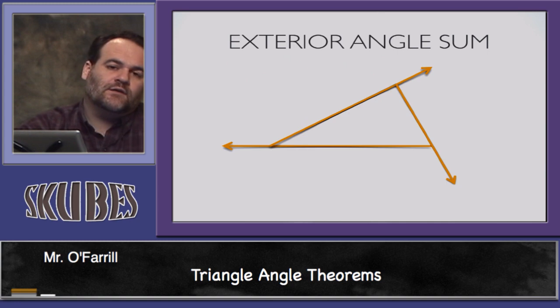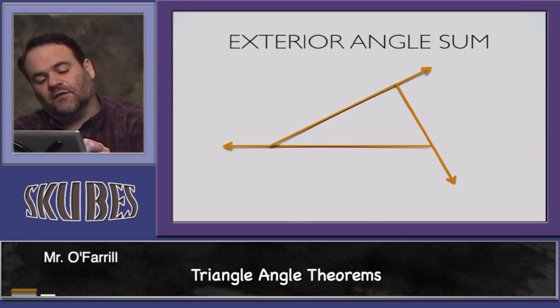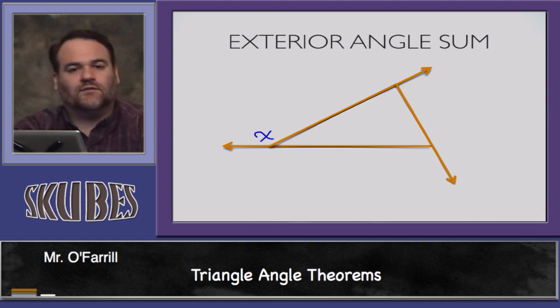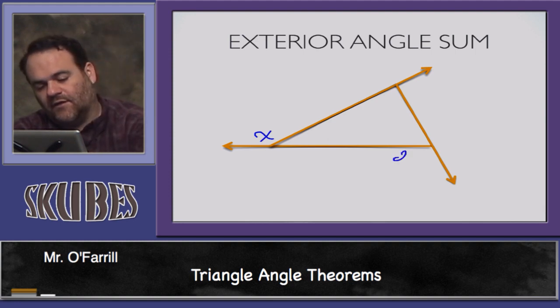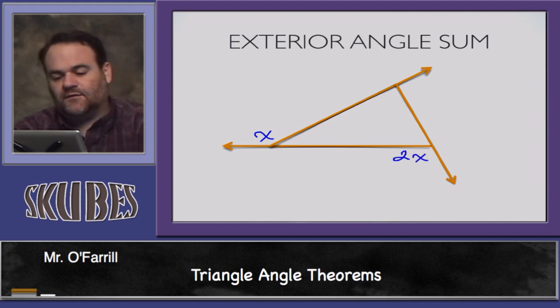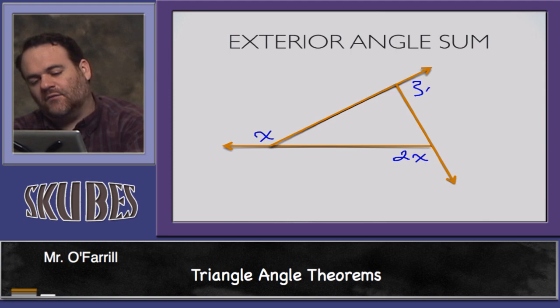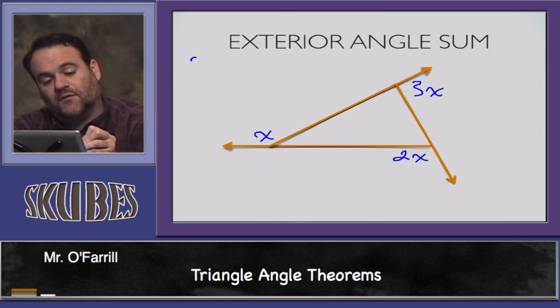So why don't we go ahead and use a similar problem. Let's say that this exterior angle has a value of x. This exterior angle will have a value of 2x. And this exterior angle will have a value of 3x. What are the measures of all three angles? Well, the setup is almost identical to the last time we looked at a problem like this.